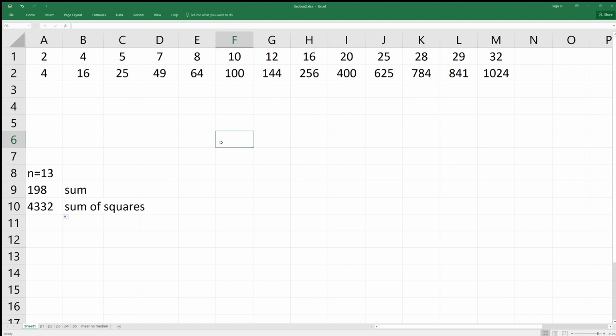So if I start with the 198 and square the sum, then I will get 198 squared, which is 39,204. And then if I divide it by 13, whoops, what happened?